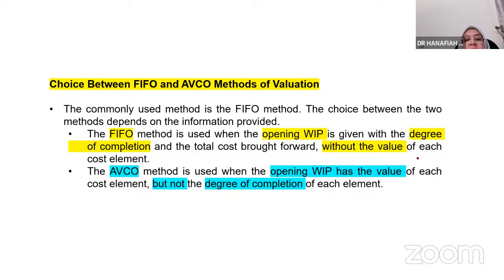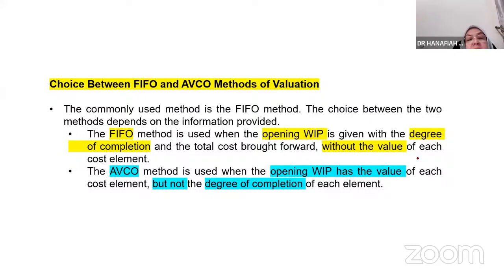And the AVCO method is used when the opening work in progress has the value of each cost element, but not the degree of completion. So therefore, based on the information from the question, you should select which method need to be used.